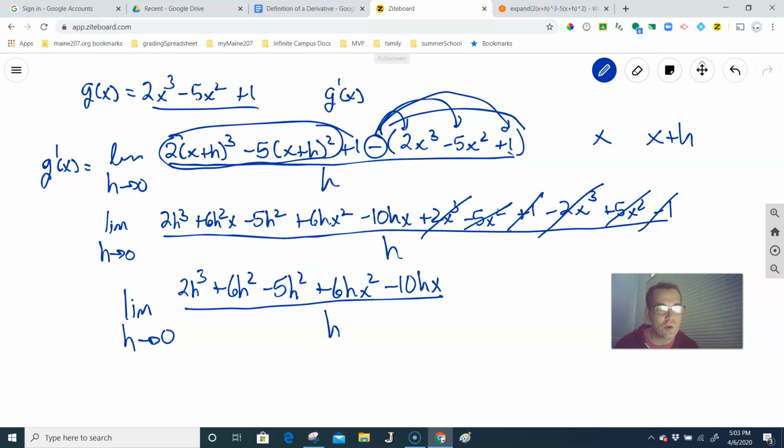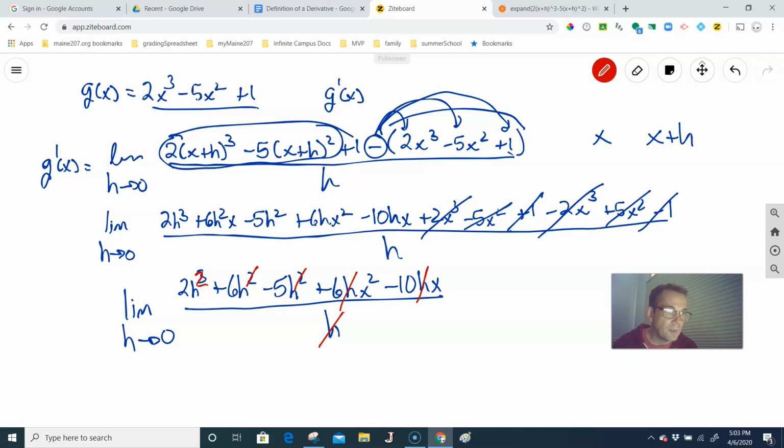I'm going to just show the shortcut I've been talking around. If every term has an h and there's an h in the bottom, you can cancel one h off of everything. So this h can cross off, and in doing so, I can cross off this h, one of these h's, one of these h's, and then one of these h's to make that a squared.